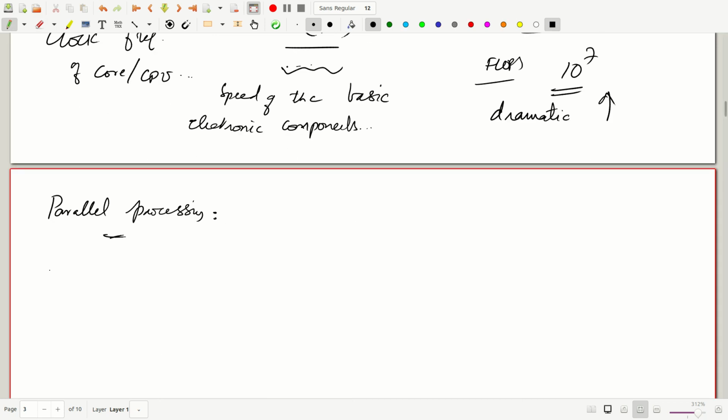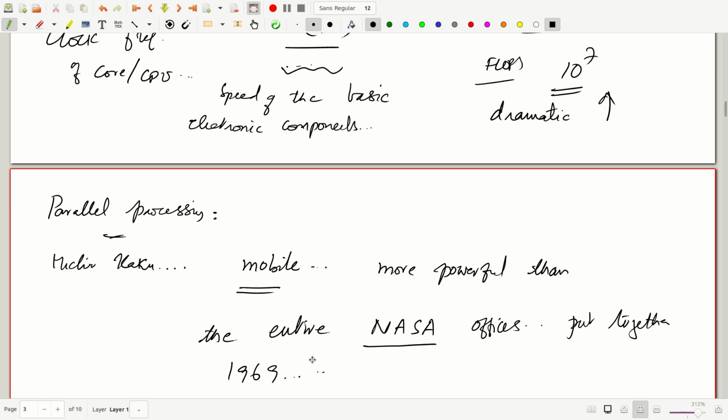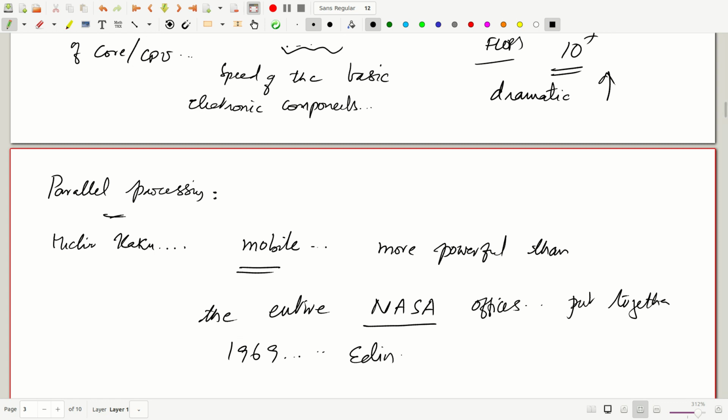Okay, to quote Michio Kaku in his book, The Future of the Physics, he says that today, the smartphone that you have in your hands is more powerful than the entire National Aeronautics and Space Administration of USA, the entire NASA offices, or all the computing power put together back in 1969, when they placed Neil Armstrong and Edwin Aldrin on the moon, right?